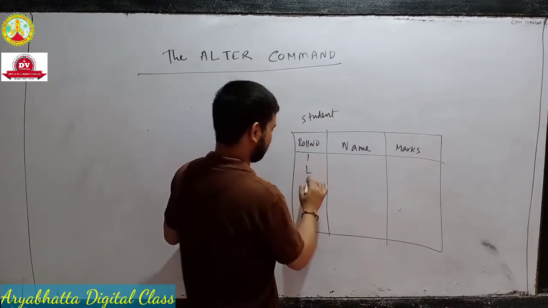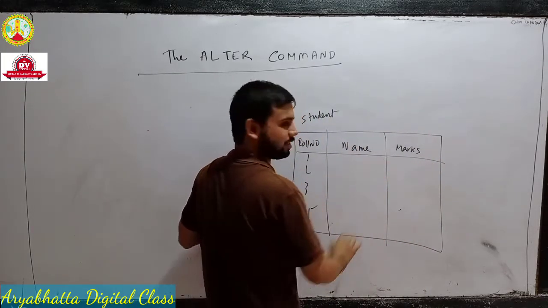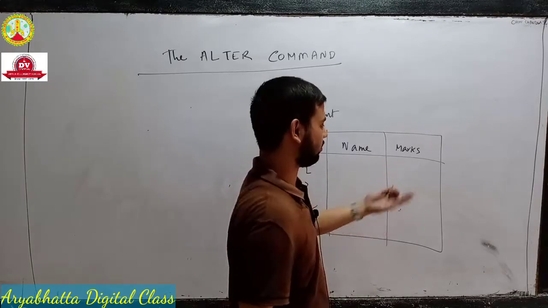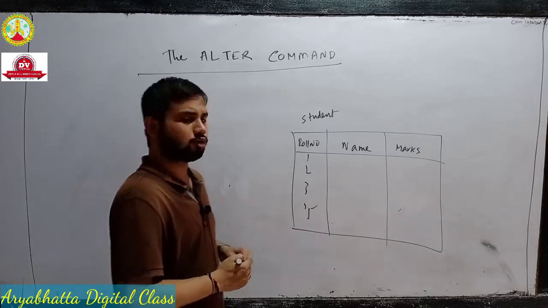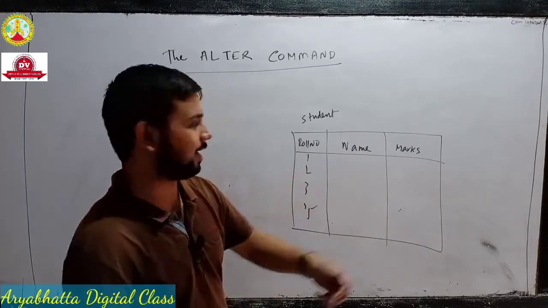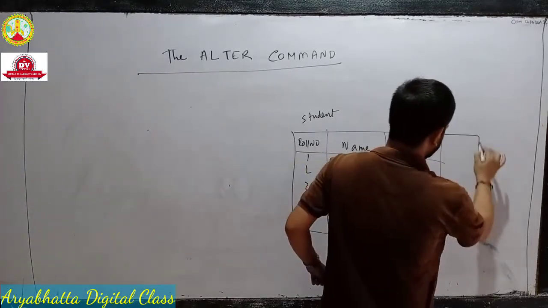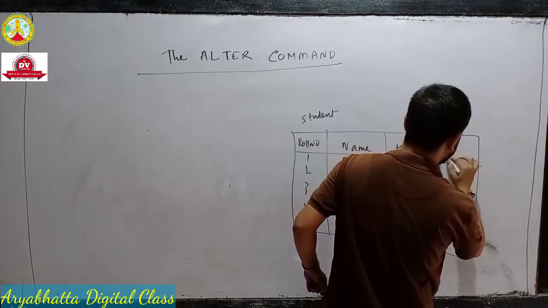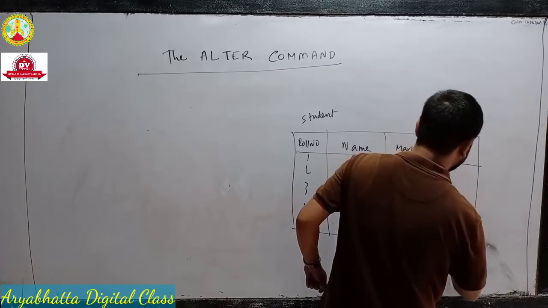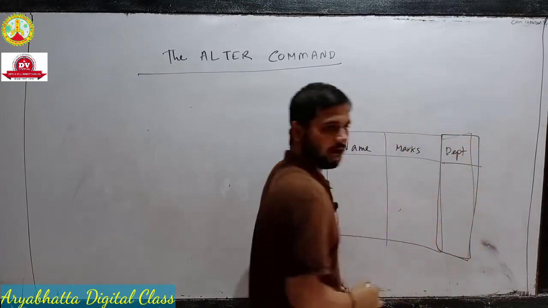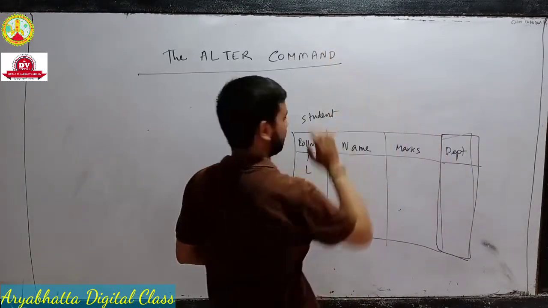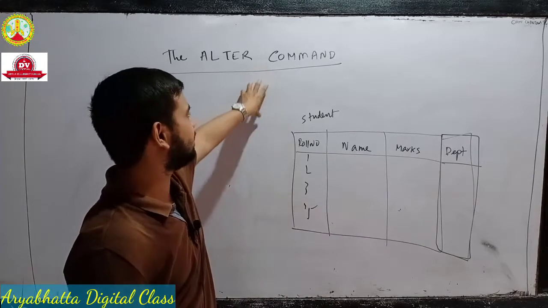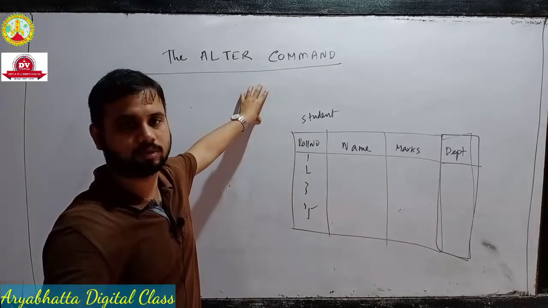Roll number is integer, name is character, and marks is decimal or integer. Suppose we want to add a new column of department. Then how do we add this new column? That is possible by the alter command. So the alter command is for adding a new column.